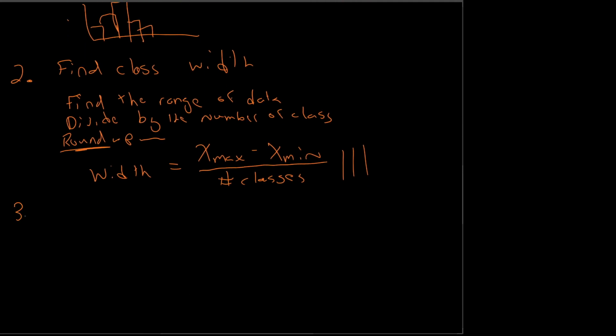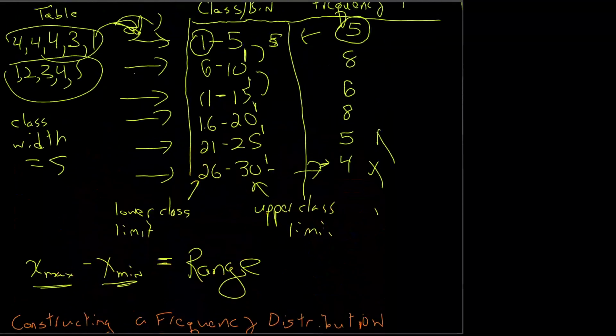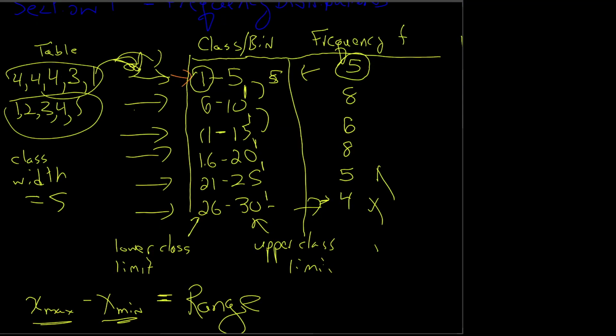Then find the class limits. And so for illustrative purposes, I'll come back up here. These are the class limits, right? And so you want to find what these are.